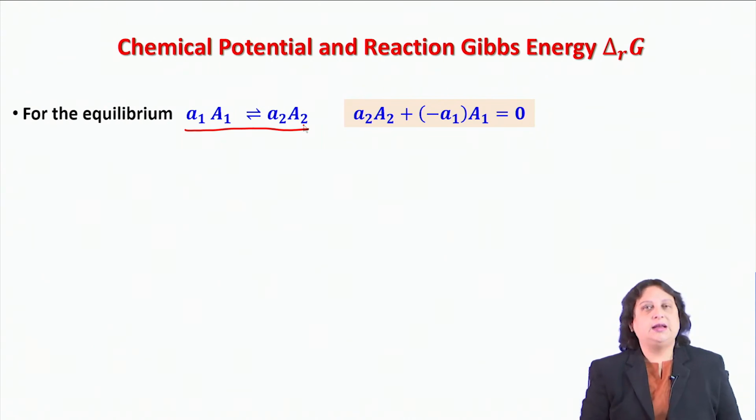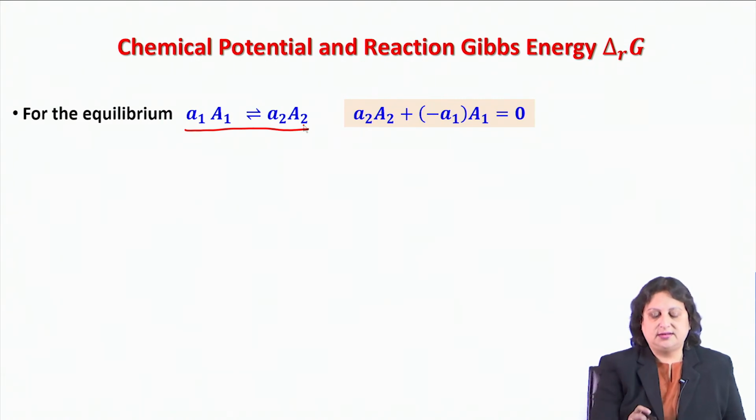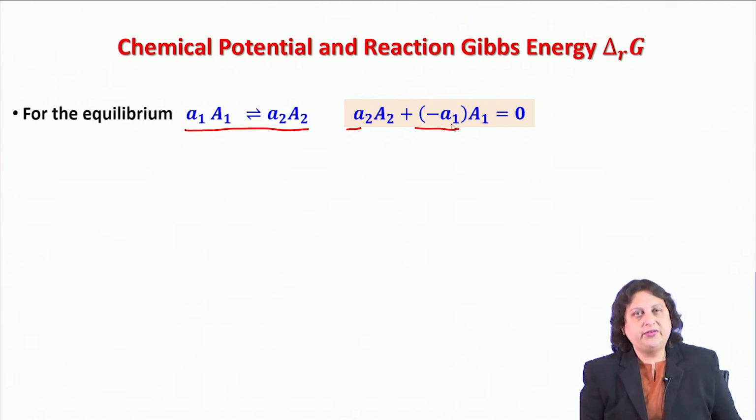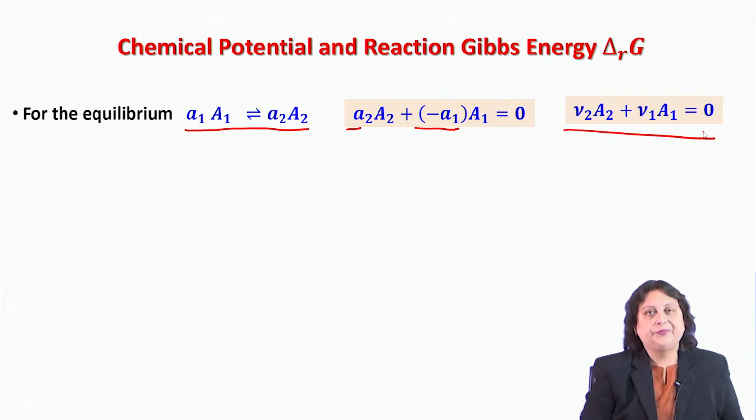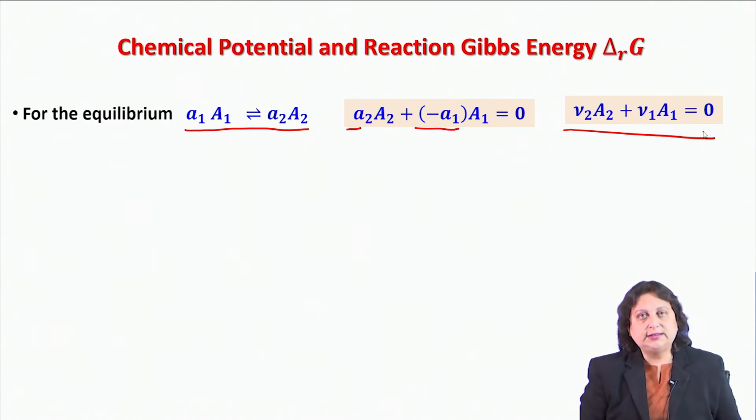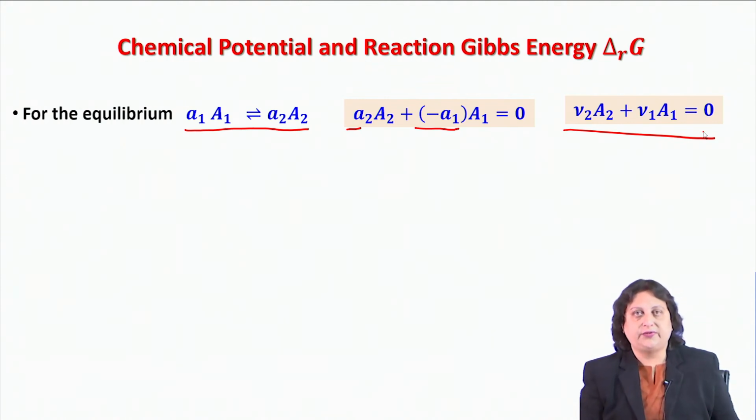Now you see that I am collecting the coefficients here, and I understand that whatever appears as these coefficients are positive if it is a product and negative if it is a reactant. And therefore, in general, I can say that for any given chemical reaction that we have seen, the balanced stoichiometric equation can be written in a form like this, where nu2 is a positive quantity and nu1 is a negative quantity.